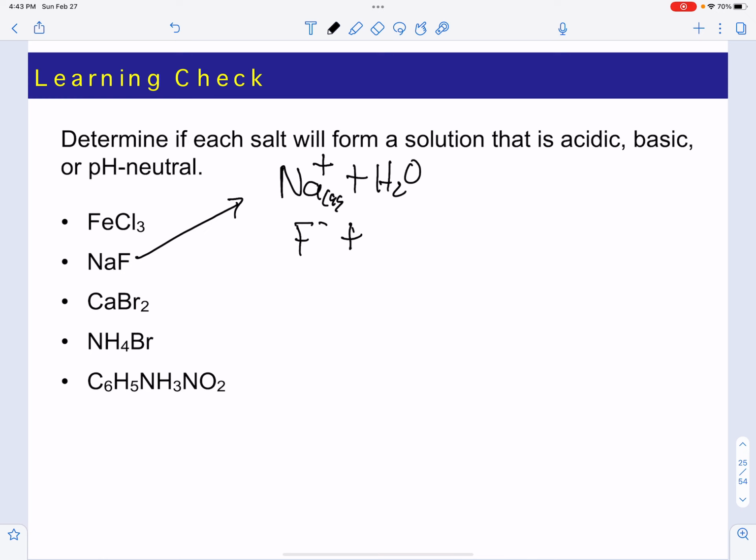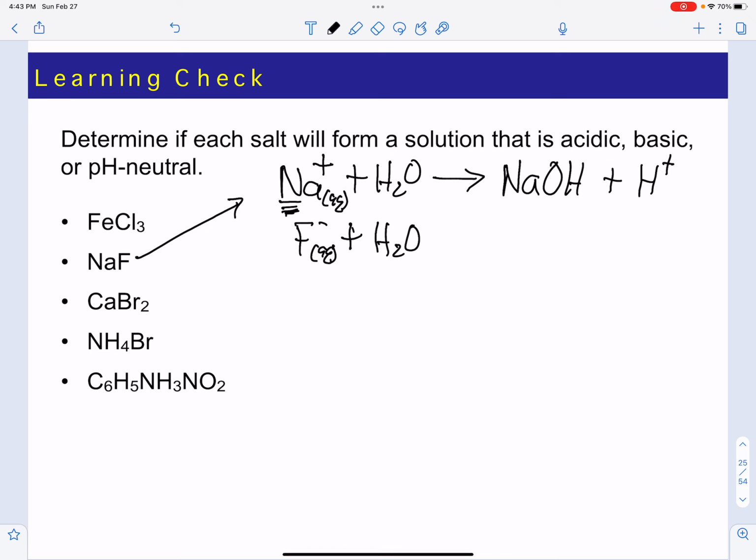Once they dissolve, now they are in the water, so the sodium reacts with water, producing NaOH, releasing the hydrogen. So this is a Lewis acid. So in a very simplified way, right? It's going to create sodium hydroxide and hydronium. So that should make it acidic.